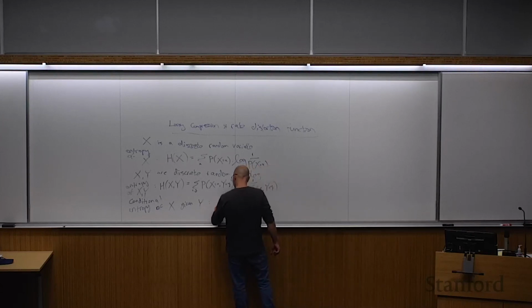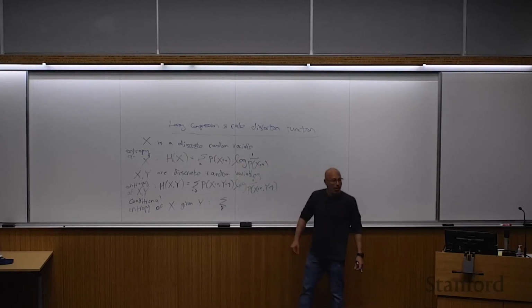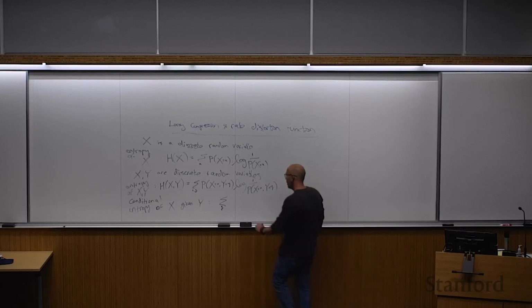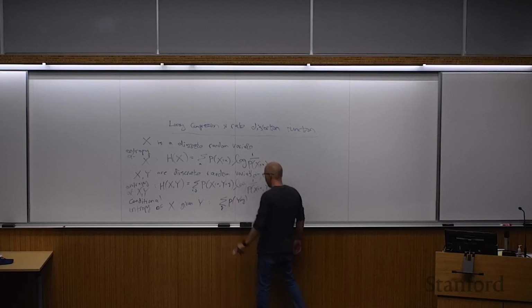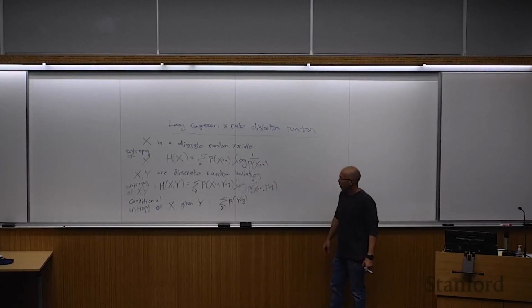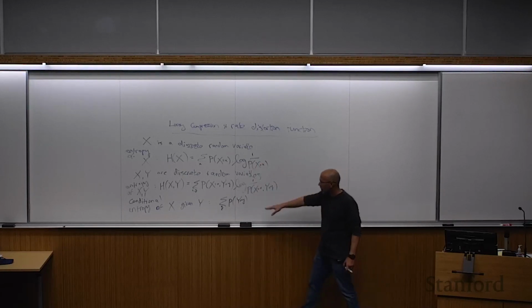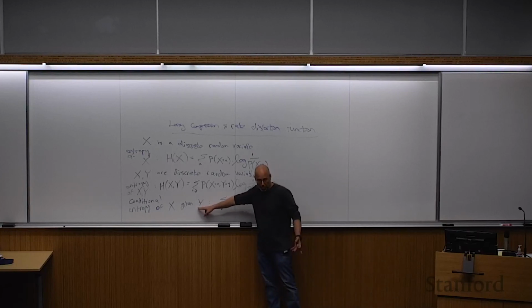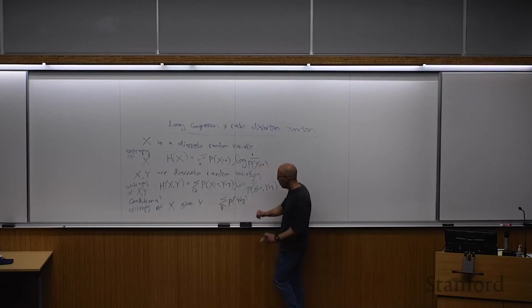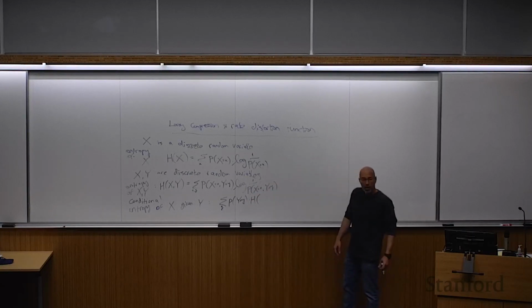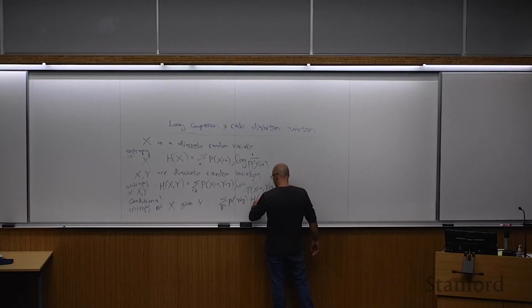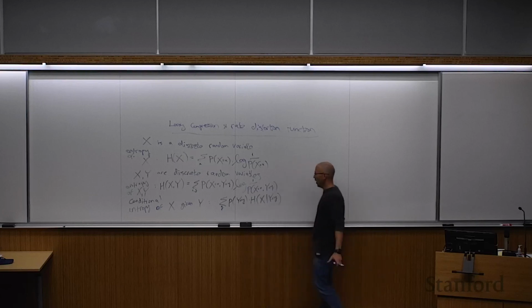So a sum over all the small y's that y can take. And then we're going to take the probability that this random variable or object assumes the value small y. That's going to be the weight that we assign to the conditional entropy of x given that y is equal to small y.